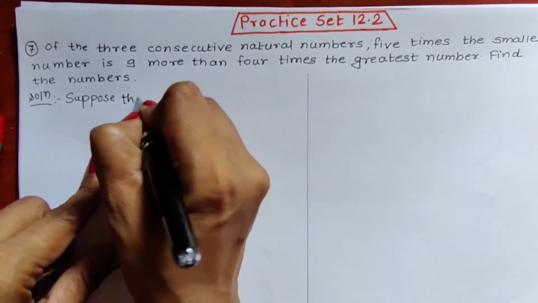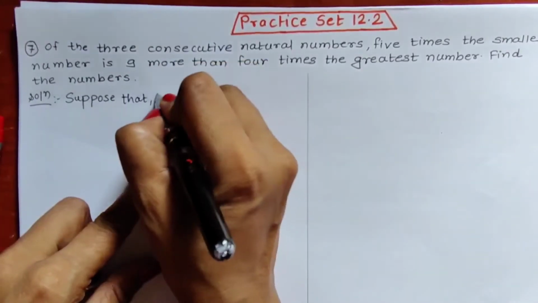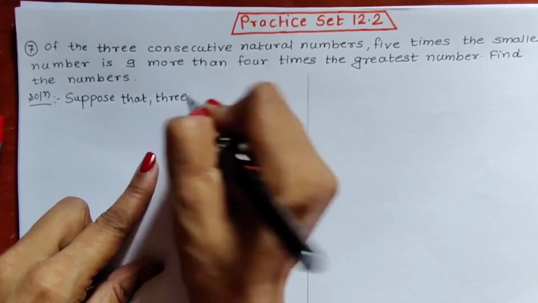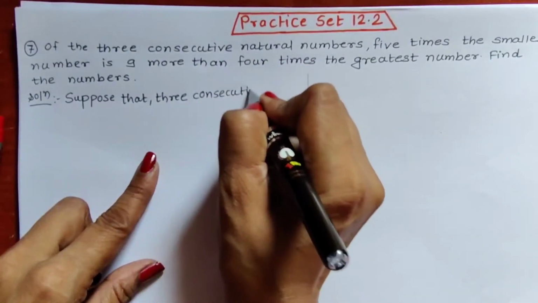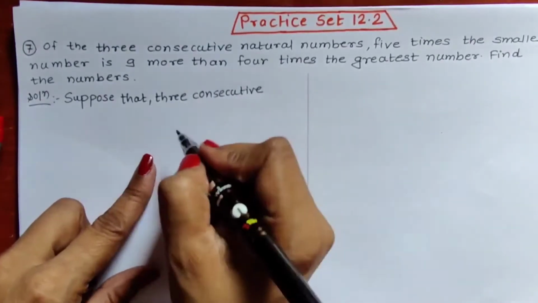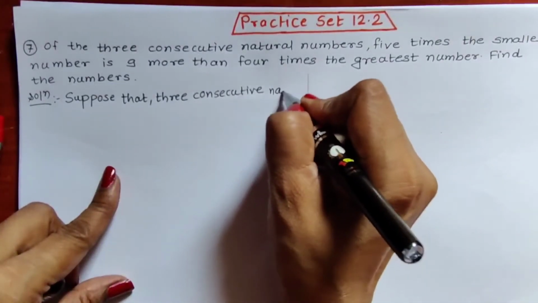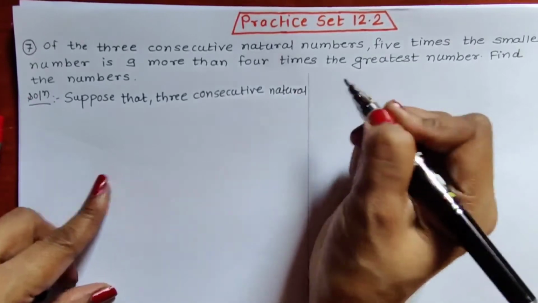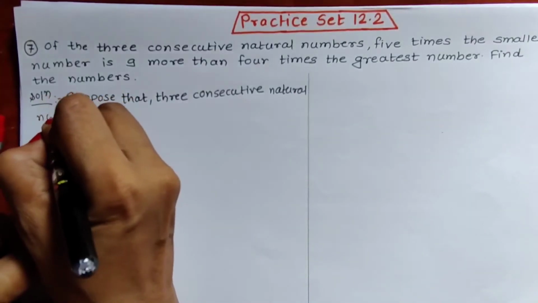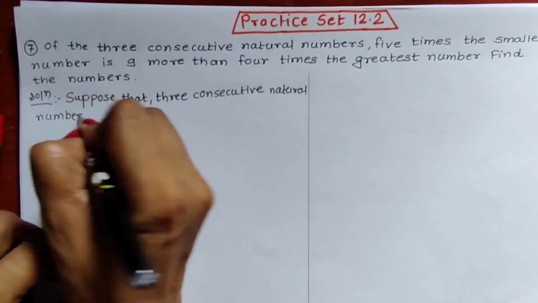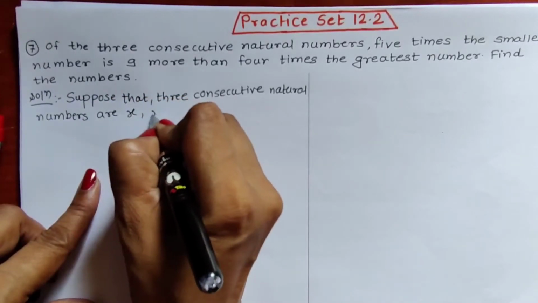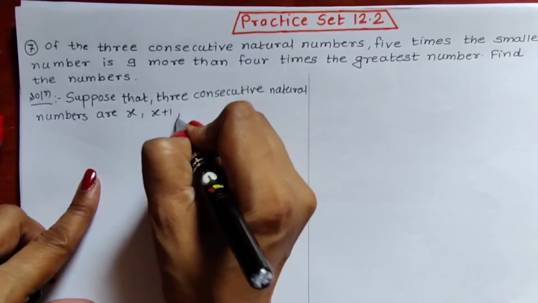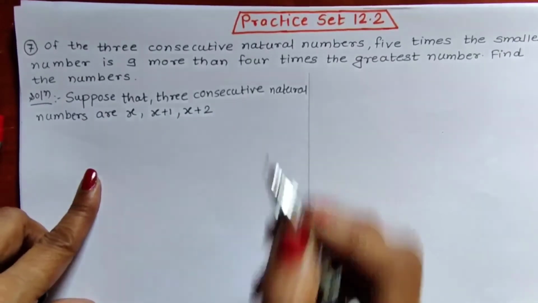Suppose that three consecutive natural numbers are x, x plus 1 will be the second number and x plus 2 will be the third number.